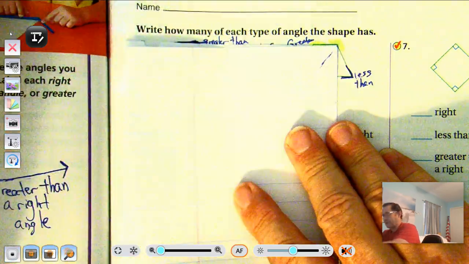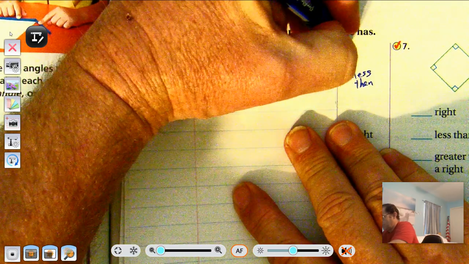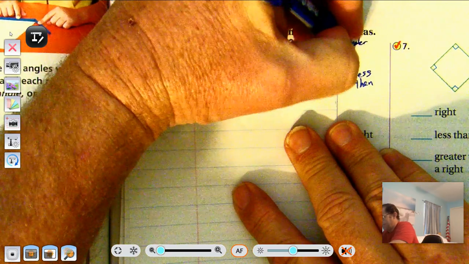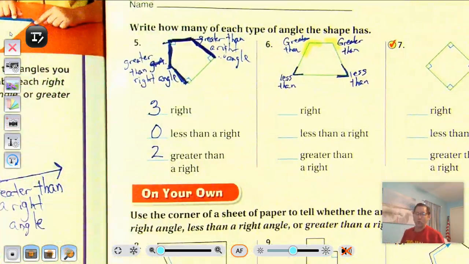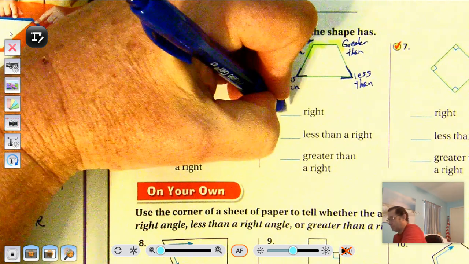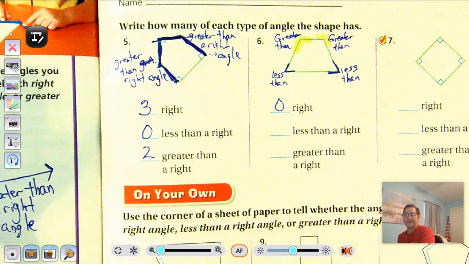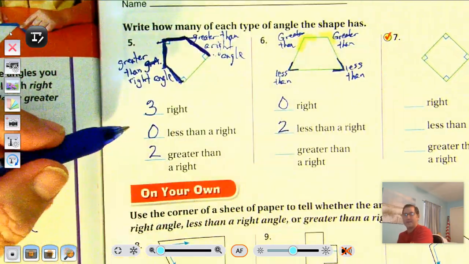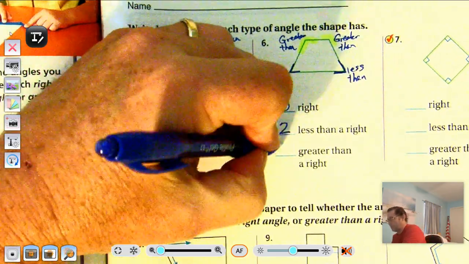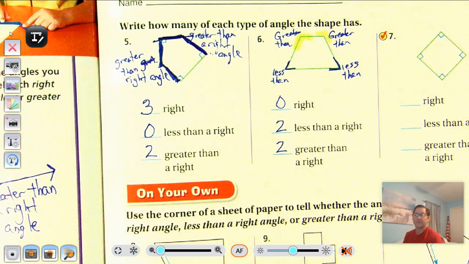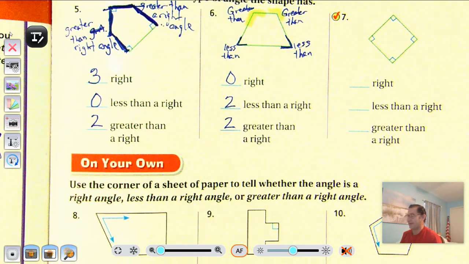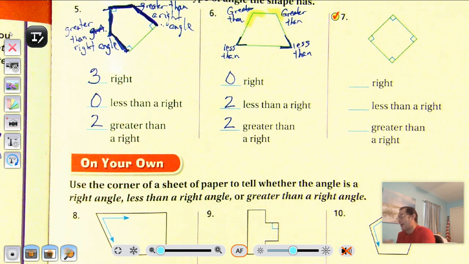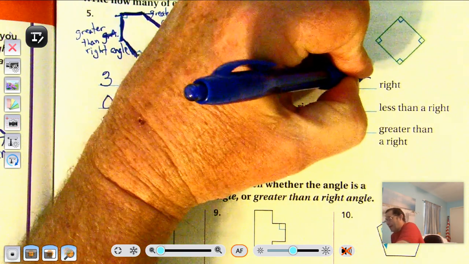It's wider than the right angle, so greater than. Okay, so there were no right angles. So 0 right angles, less than. The 2 bottom ones were less than, and the 2 top ones were greater. And number 7, well, that's a square. Okay, and a square has to have 4 right angles.